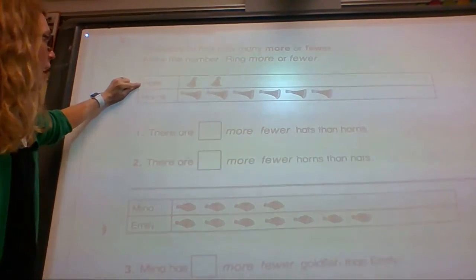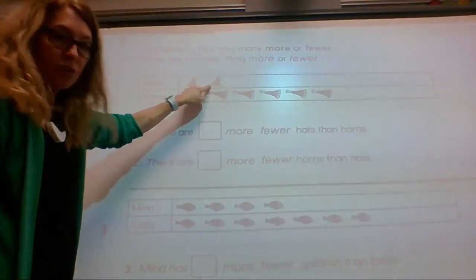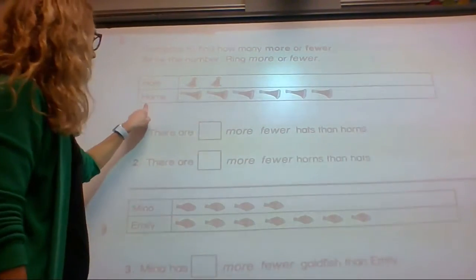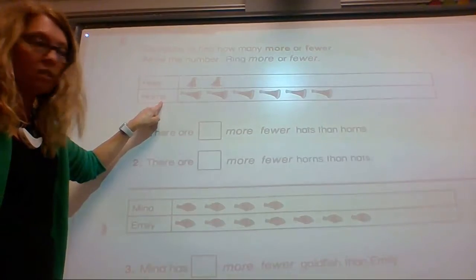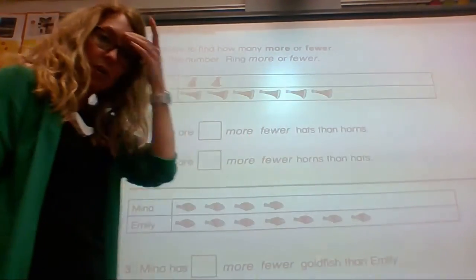All right, so we have hats on the left-hand side, and you can see there are two birthday hats pictured. And then underneath that, we have horns. 1, 2, 3, 4, 5, 6 horns.